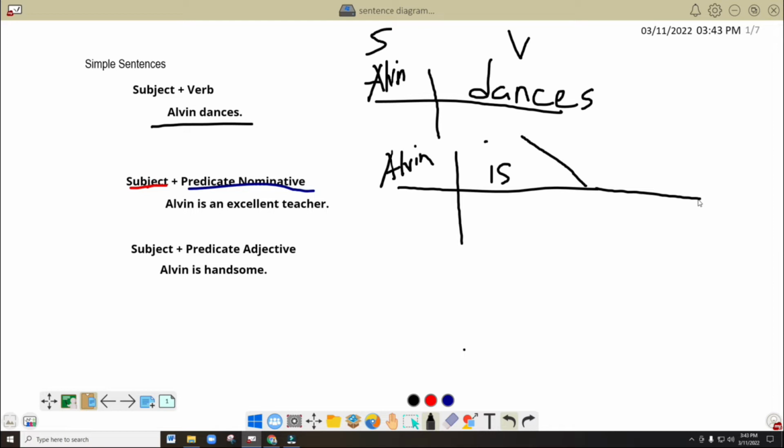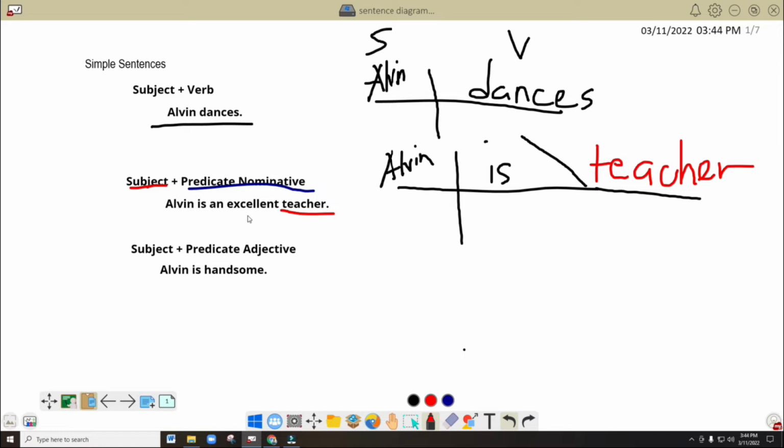What do we have to put in here? We will put here the predicate nominative. Like we said earlier, it was "teacher," because the teacher was the one giving another name for the subject. So now we have Alvin is teacher, but it seems incomplete because we still have the words "an" and "excellent."